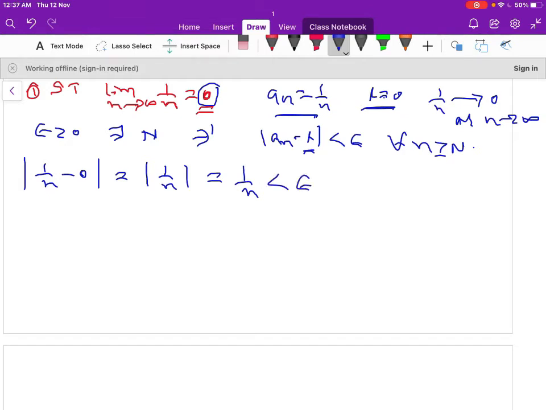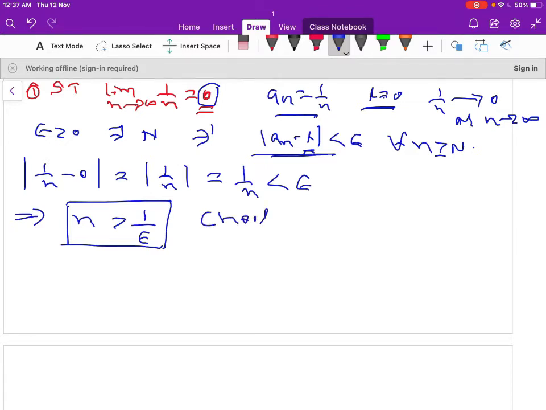So this 1 by n less than epsilon through the definition. So this implies n is greater than 1 by epsilon. So this N depends on the epsilon. So we choose an N such that N is greater than 1 by epsilon.